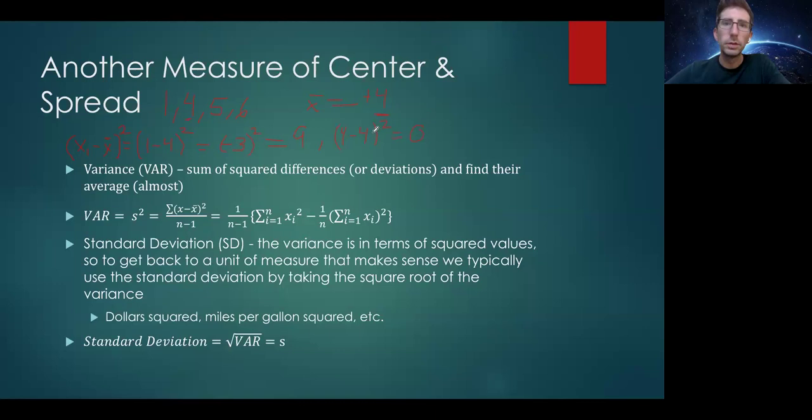Well, 4 minus 4 is 0, and 0 squared is 0. 0 times 0 is 0. Now let's do 5 minus 4 squared. Well, that's 1 squared, and 1 squared is 1.